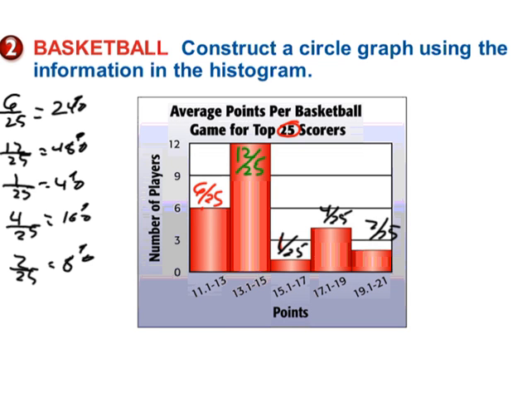Now, if I take each of those times 360 to calculate how many degrees of the circle there will be, 6 out of 25, or 0.24 times 360 is about 86.4 degrees. 48% times 360 is 172.8 degrees. 4%, or 0.04 times 360 is 14.4.